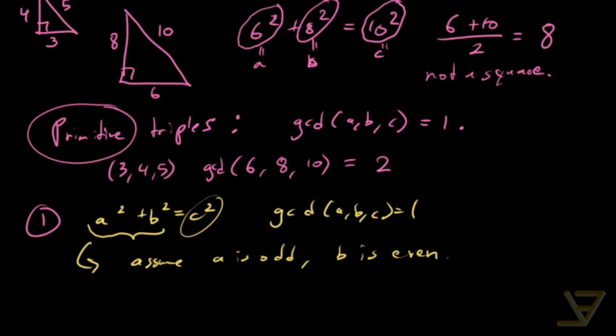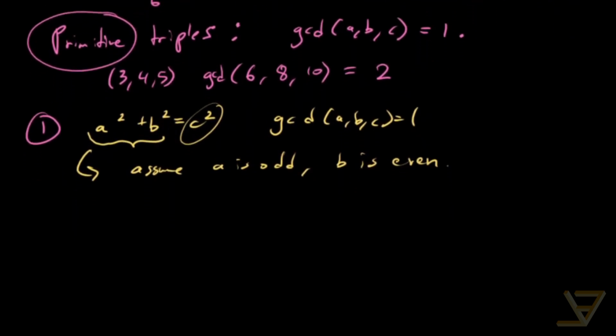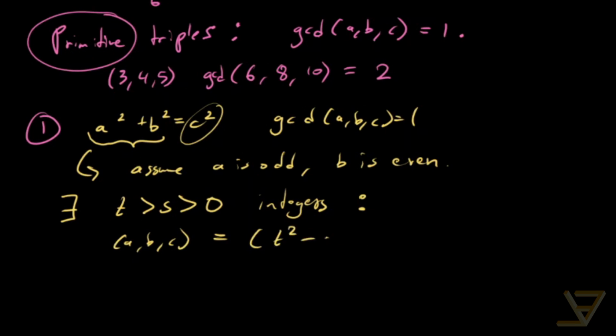Then what we can do is assert the existence of t greater than s greater than 0, both integers, such that a, b, c is equal to t squared minus s squared, 2ts, t squared plus s squared.